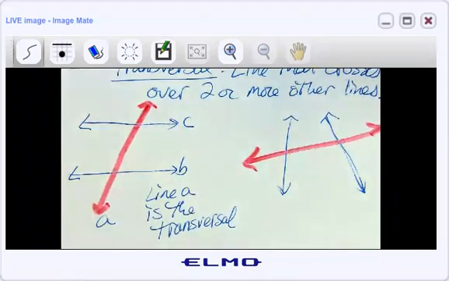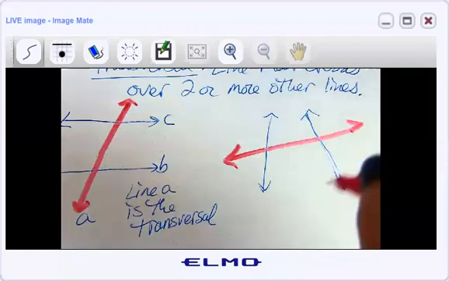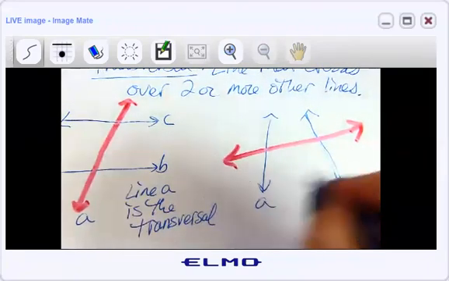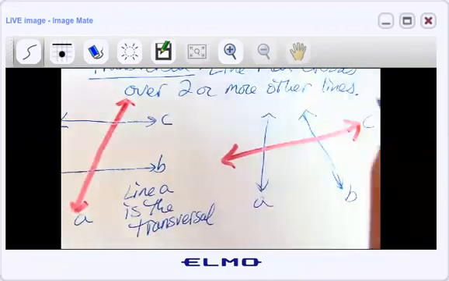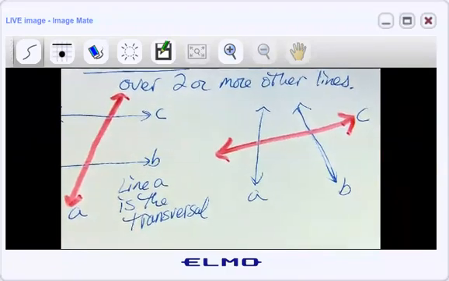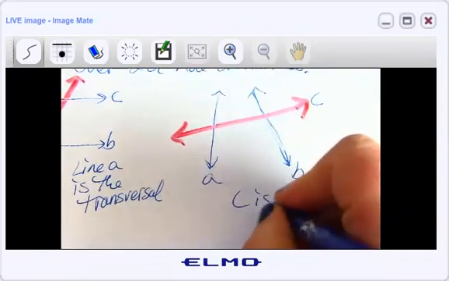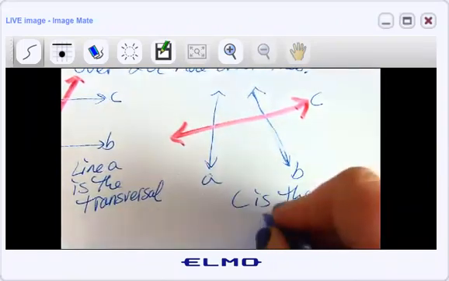That still counts, right? I still have this red line that's crossing over the other two. So if I just label my lines here, A, B, and C, this time C is my transversal. Okay, C is the transversal.